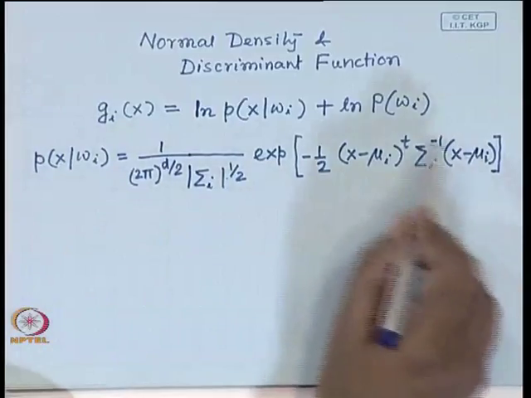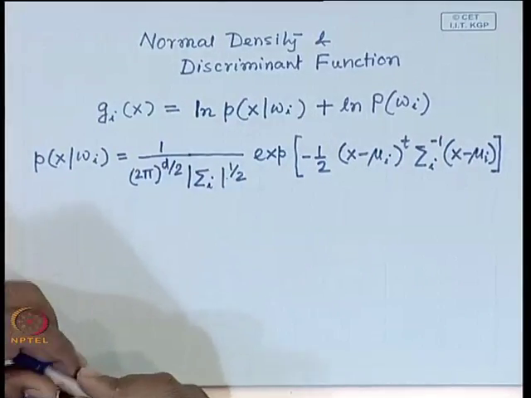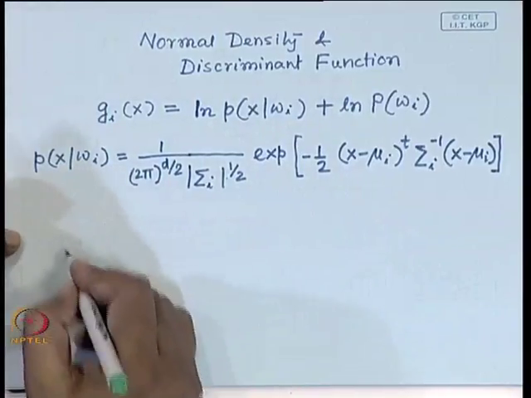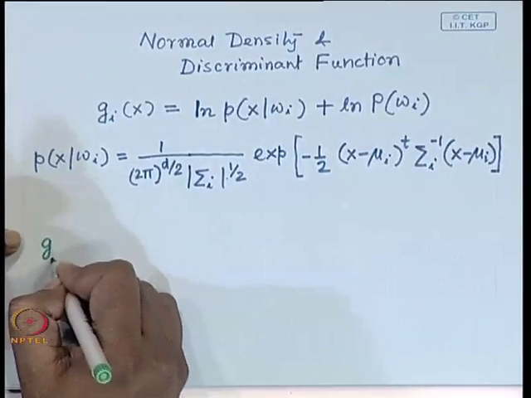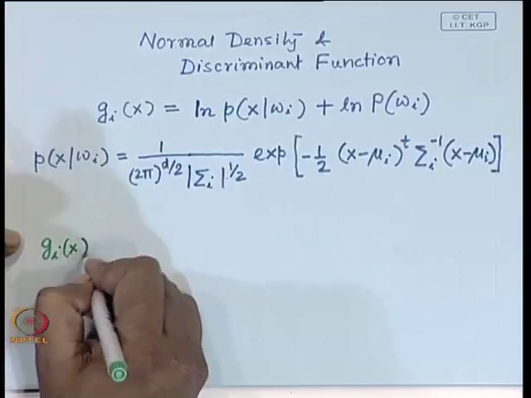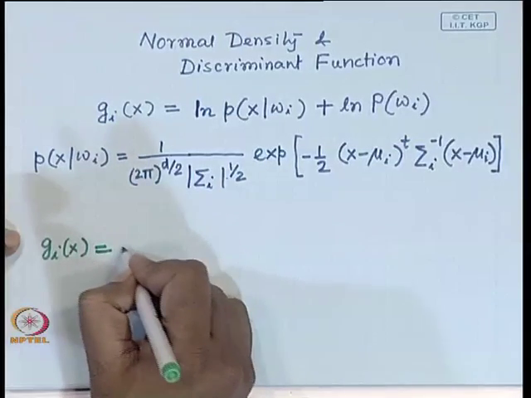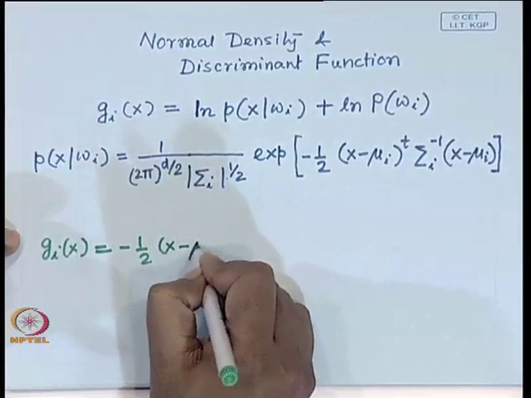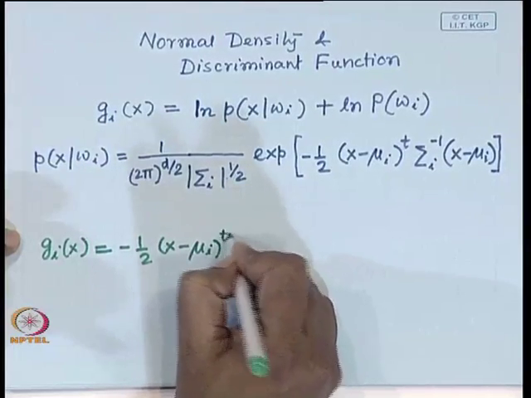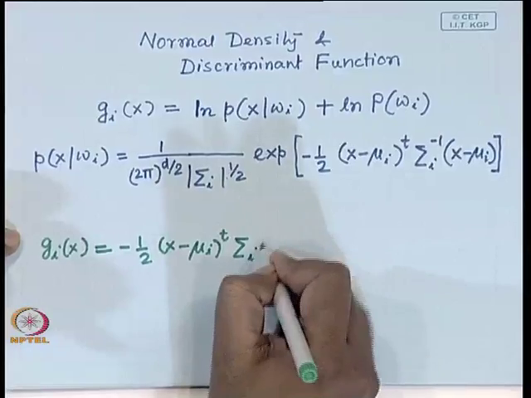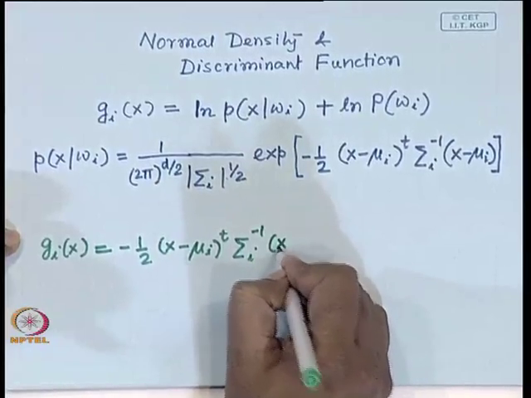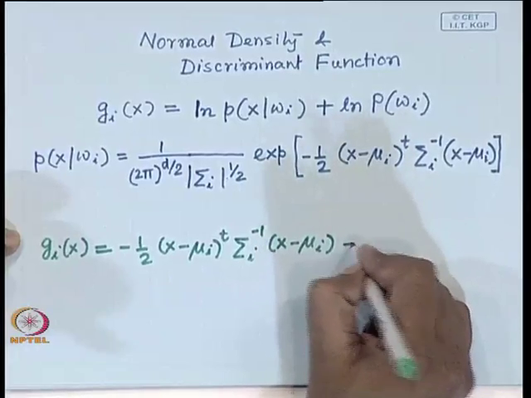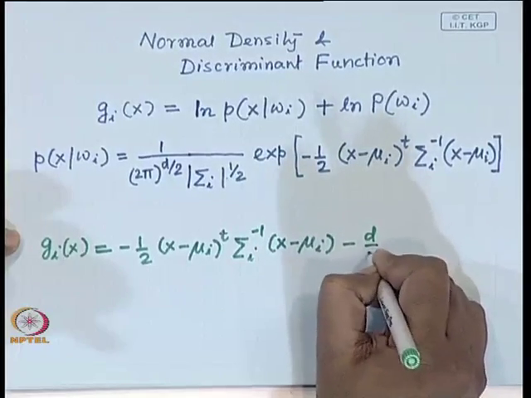So, taking this form of normal probability density function, the discriminant function g_i(x) becomes of the form minus half into (x minus μ_i) transpose Σ_i inverse into (x minus μ_i), minus d by 2, and so on.